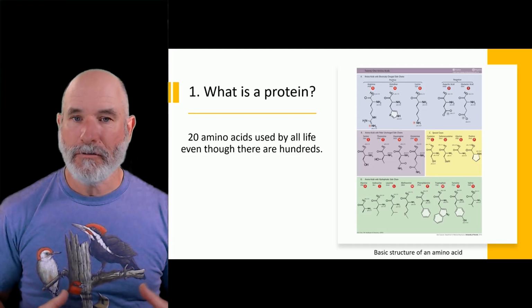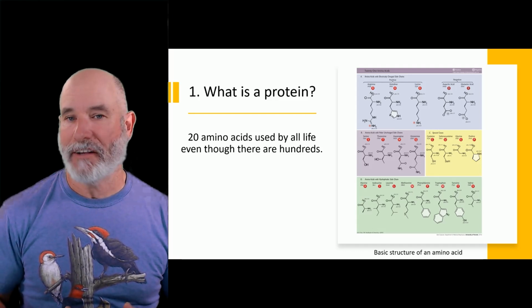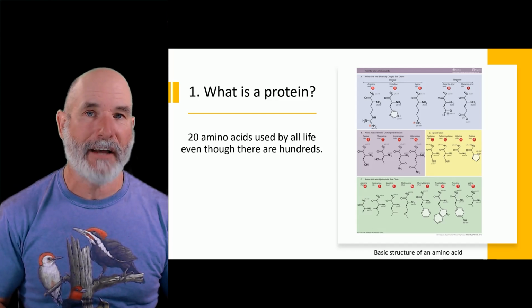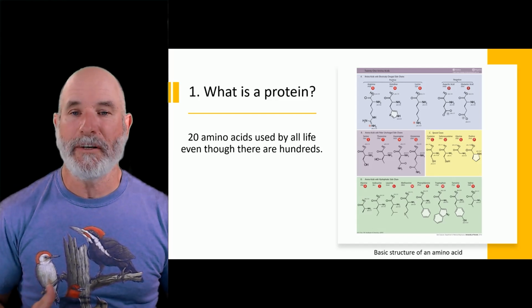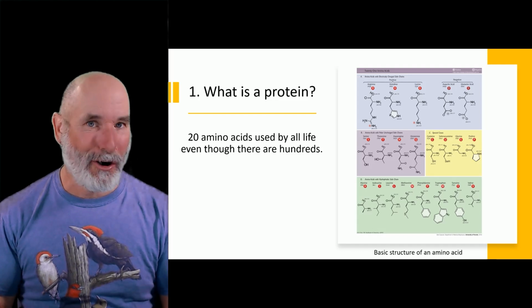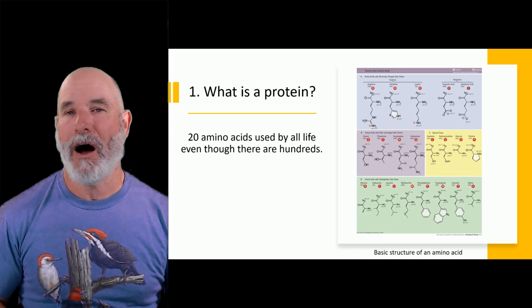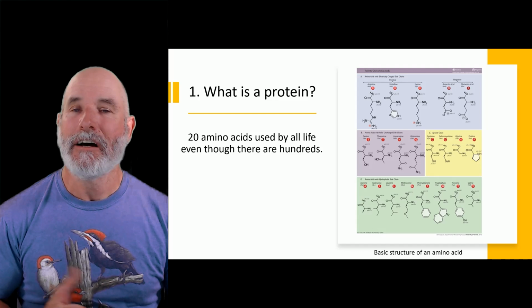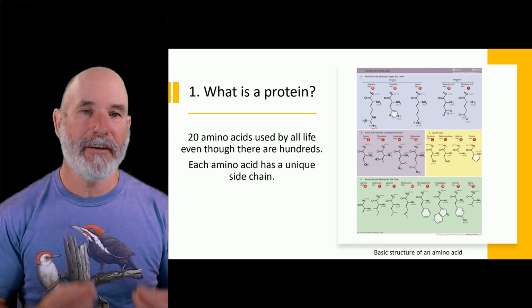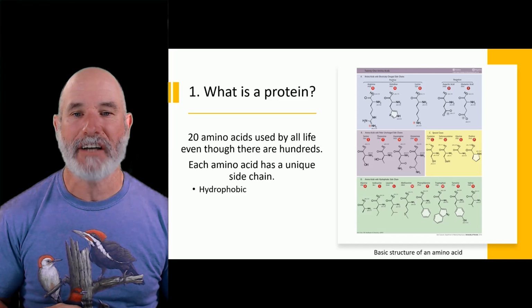And in general, we usually say there are about 20 amino acids used by all life. Now, there are hundreds of different types of amino acids, but when it comes to animals, we use 20. For those of you that want to get a broader picture of all living things, there's actually about 22 amino acids, but for us, there's 20 that we use. And each of these amino acids has a unique side chain.